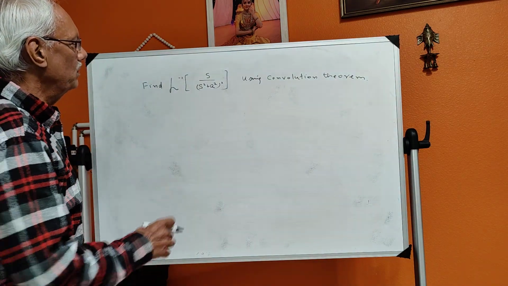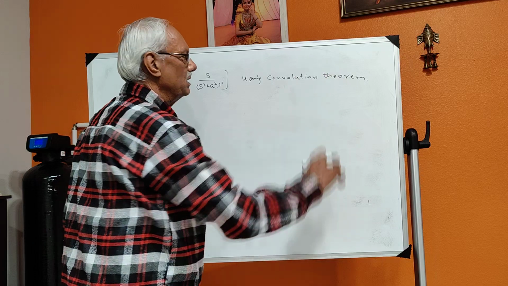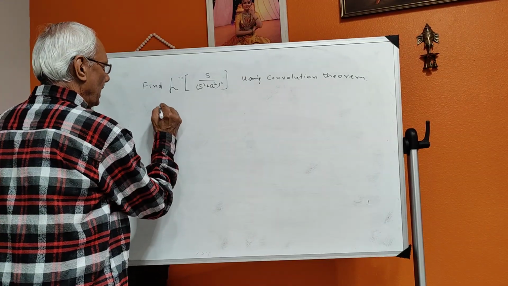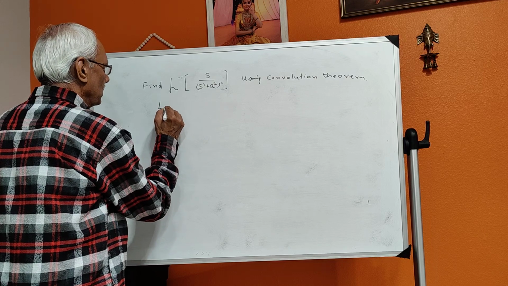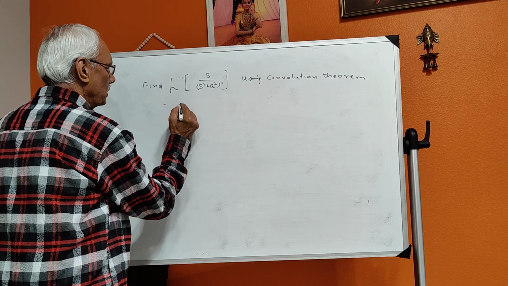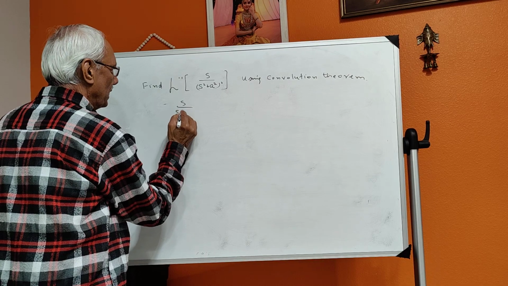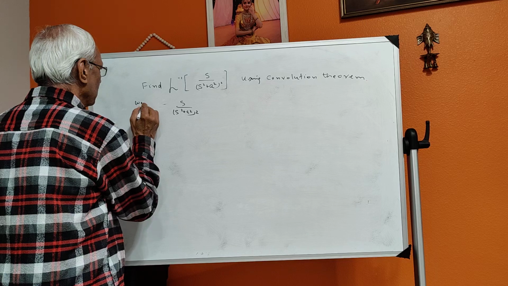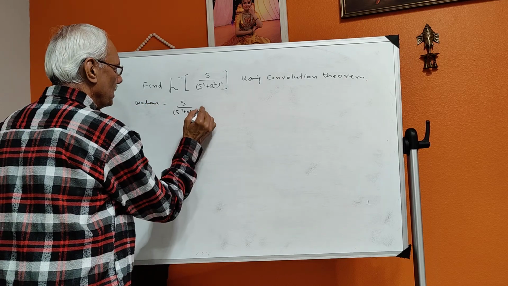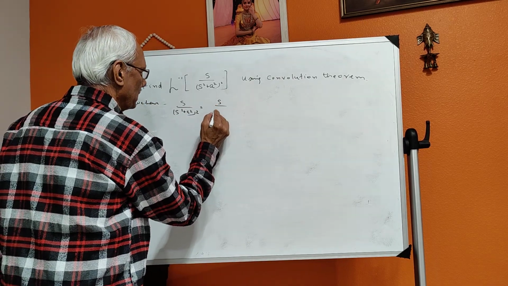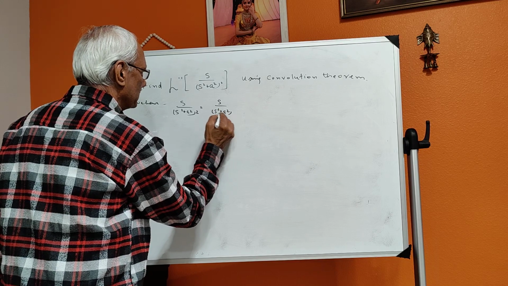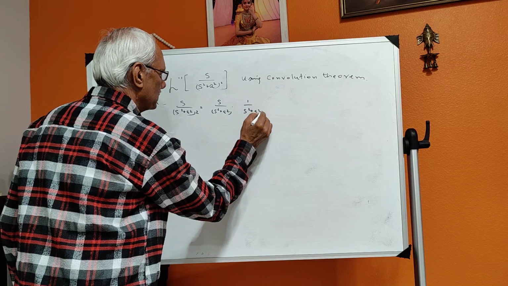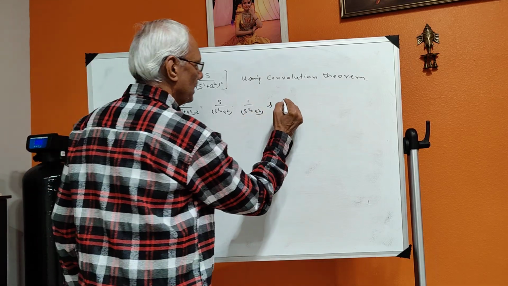So this is a problem, and here also you have to use the convolution theorem. Now here I will write, see, L minus 1 of this, s squared can be written as s by s squared plus a squared times 1 by s squared plus a squared.